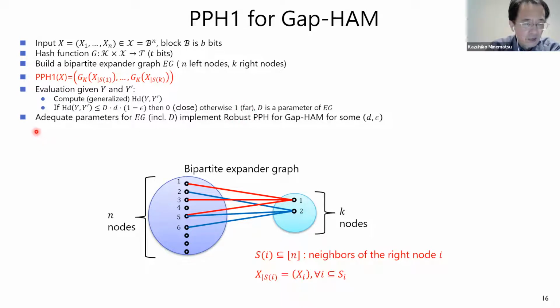BLV19 showed that by choosing appropriate parameters for the expander graph, including large D, PPH1 implements a robust PPH for gap Hamming for some d and epsilon. I am not going into the exact formula for these parameters.